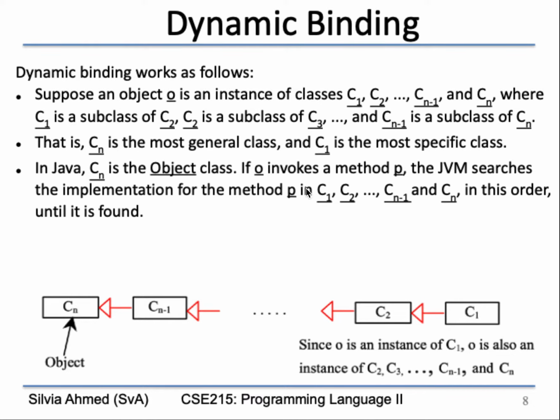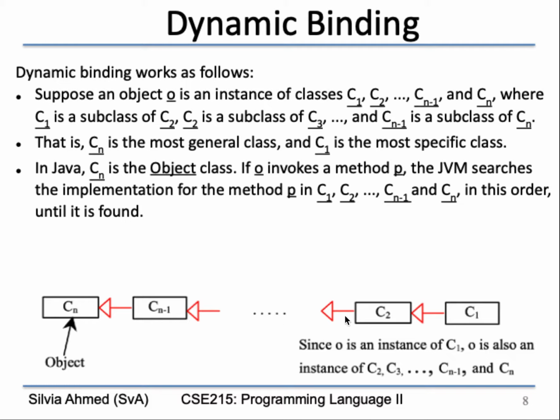So if O invokes a method P, the JVM searches the implementation for this method first in C1. If it does not get the implementation in C1, then it starts searching in its immediate superclass C2. If it does not get the implementation in class C2, it goes to the immediate superclass C3.